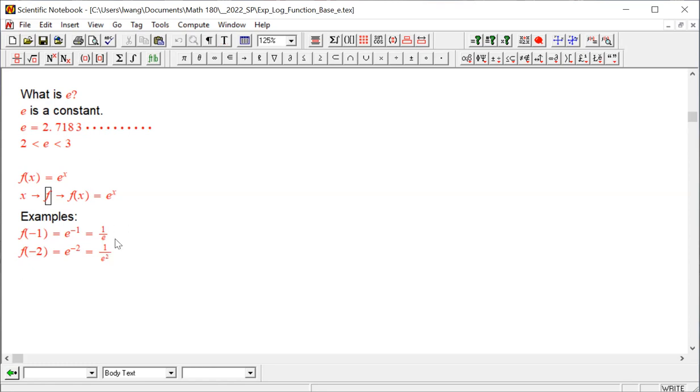If x equals one half, so the exponent is one half, that's going to be the square root of e.